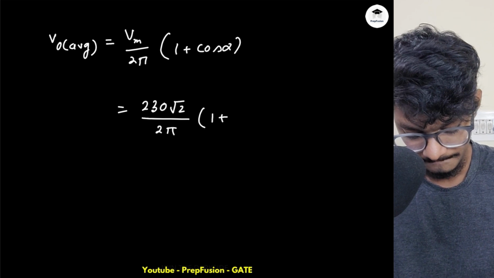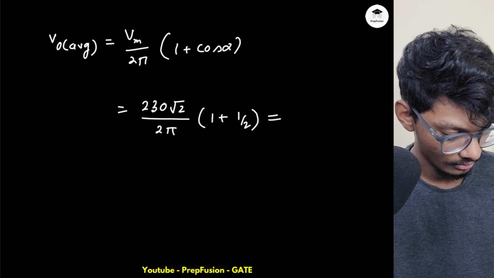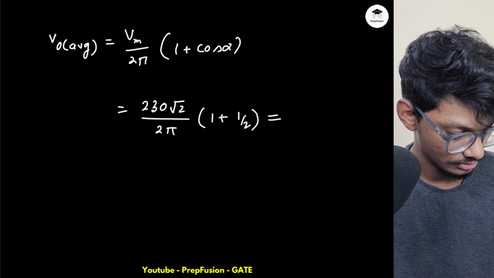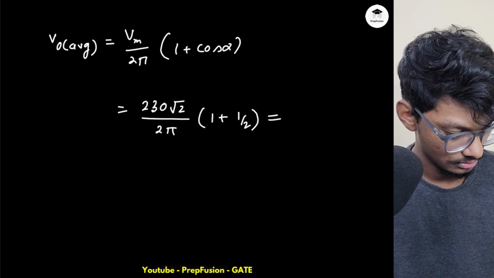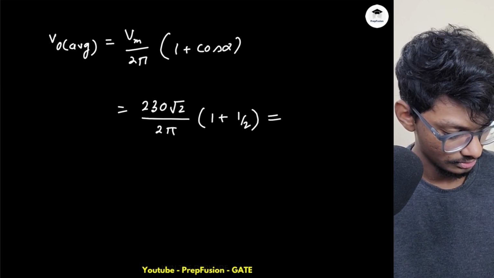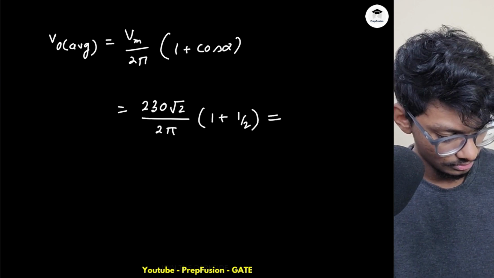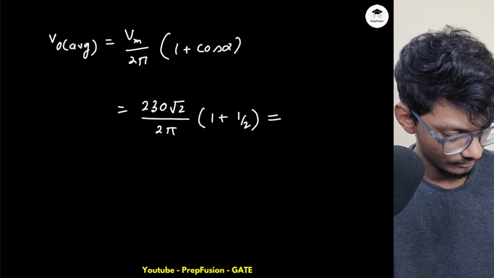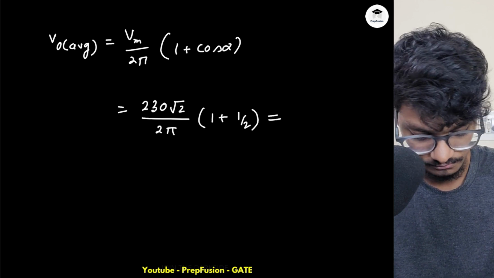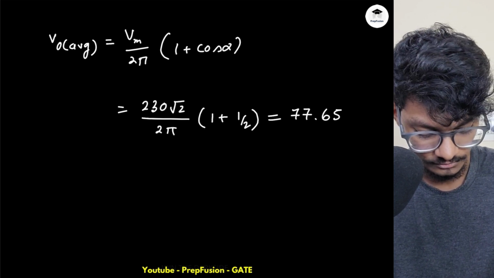230 into root 2 divided by 2 into pi into 1 plus 1 by 2, that is into 1.5, which gives 77.65 volts.